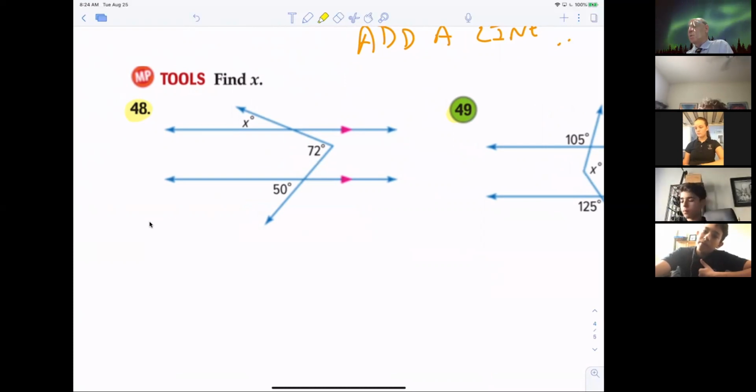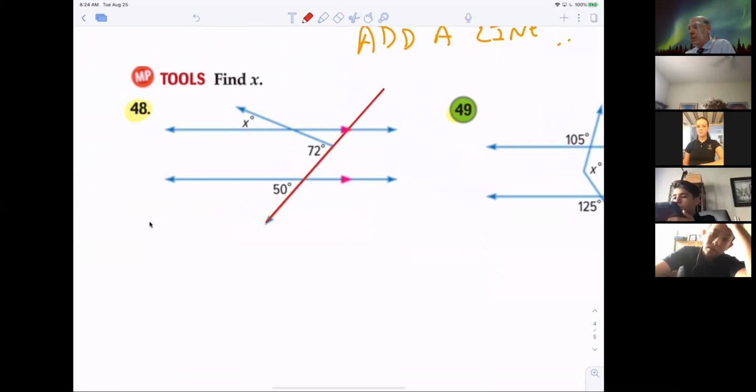Well, I just want to know how to do it. This one, extend this line? All right, I'm pretty happy with that, Morty.